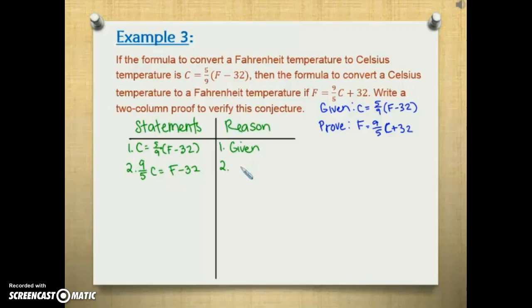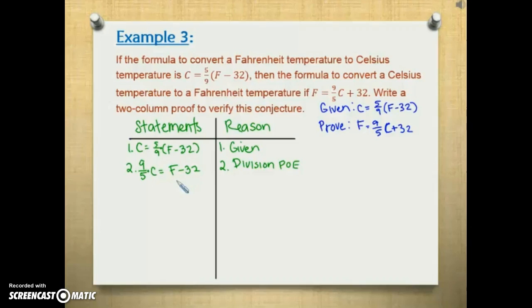The reason I can do this is because of the multiplication property of equality. Or sorry, the division property of equality. I'm going to put here POE for property of equality. Now, I divided both sides by 9/5, which is the same thing as multiplying by the reciprocal. So if you don't remember that property from algebra, make sure you remember it.